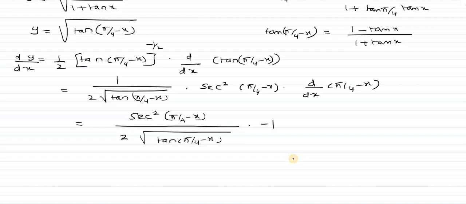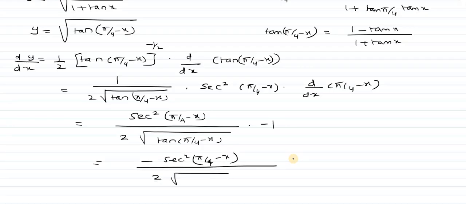So this is the value: minus secant square of pi by 4 minus x divided by 2 under root tan of pi by 4 minus x. Then if you want, you can simplify again. 1 plus tan square x is secant square x. All these formulas you can use and you can differentiate.